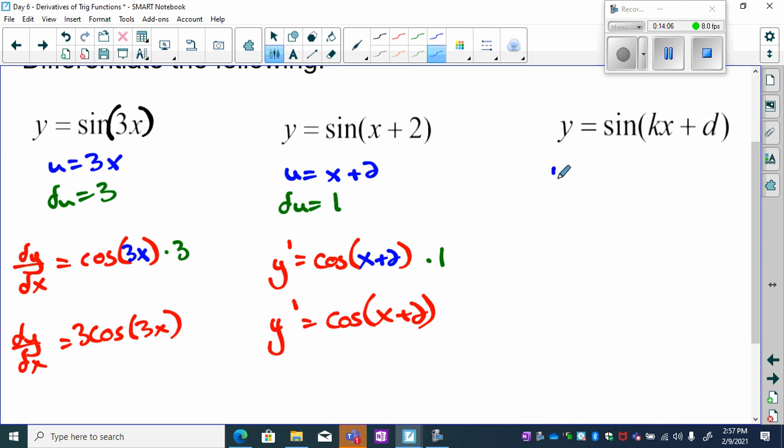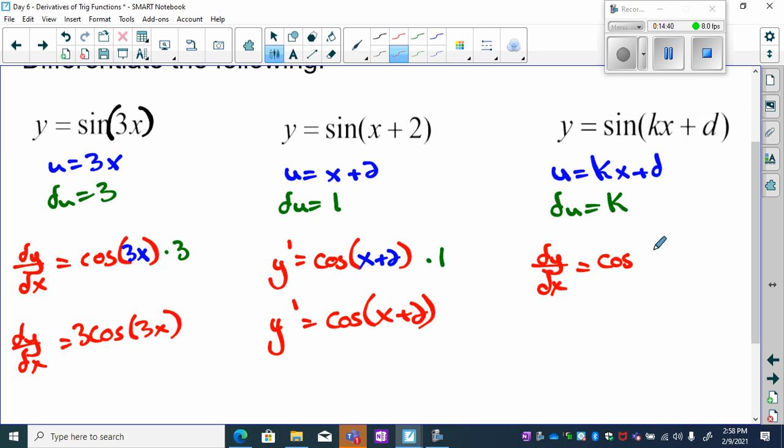Third example, my u value is kx plus d. My du is, well, what's the derivative of 1x was 1. The derivative of 5x would be 5. The derivative of kx will be k. And the derivative of a constant 2 was 0. The derivative of a constant d would be 0. My derivative, back to Leibniz notation, same thing, dy over dx or y prime, pick your poison, whatever one you like.